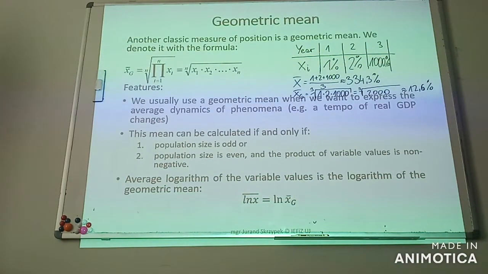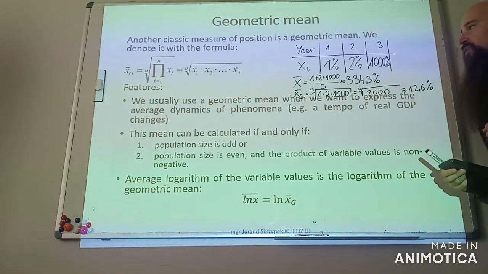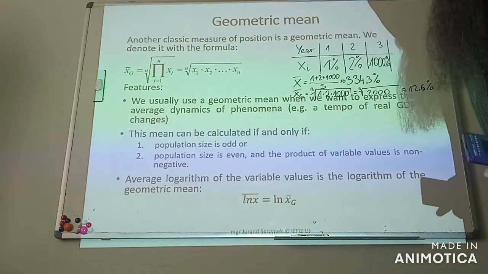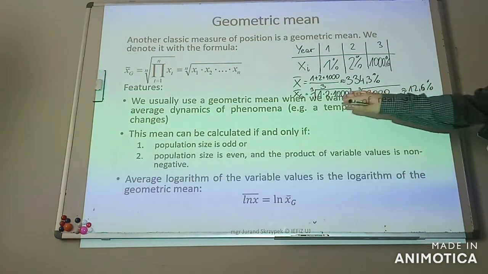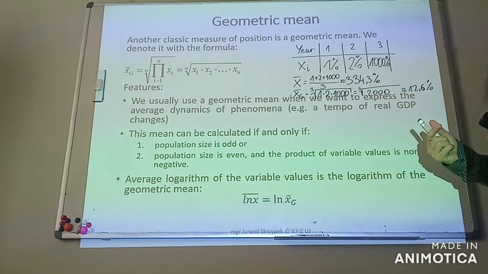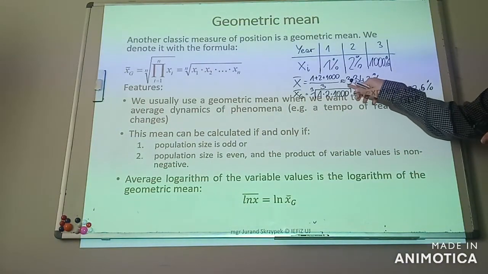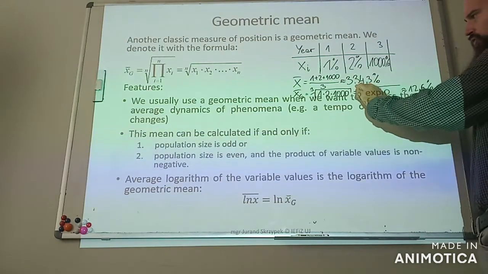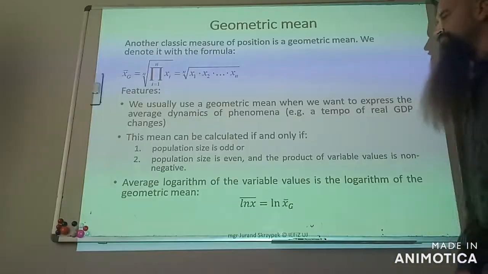So the difference between these means is huge. Here we have an extreme huge observation, an abnormal observation, and we see that geometric mean is more resistant to this kind of situation. Here we have an overestimated average growth tempo in the following years.